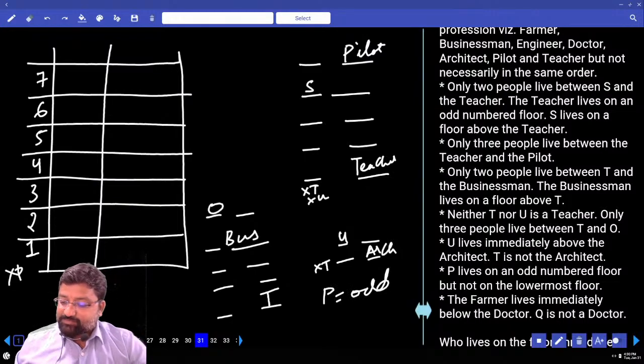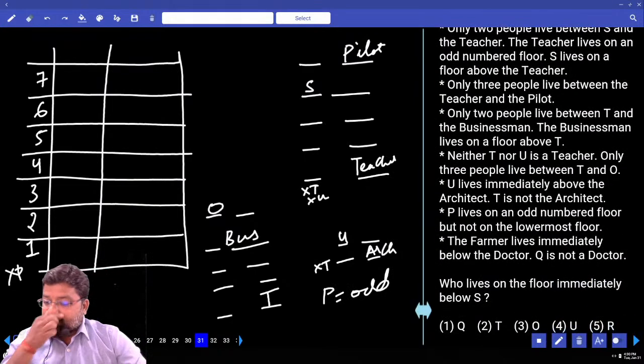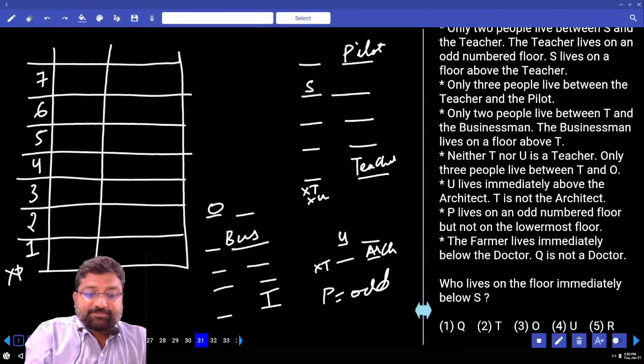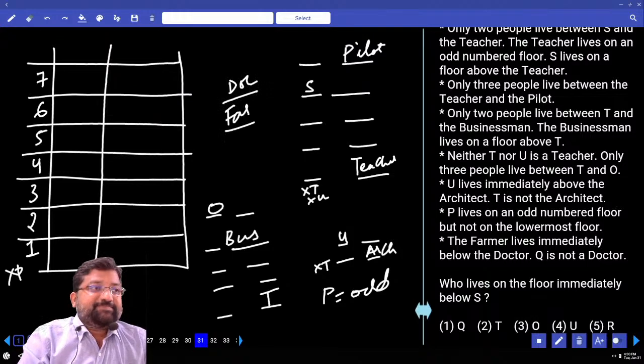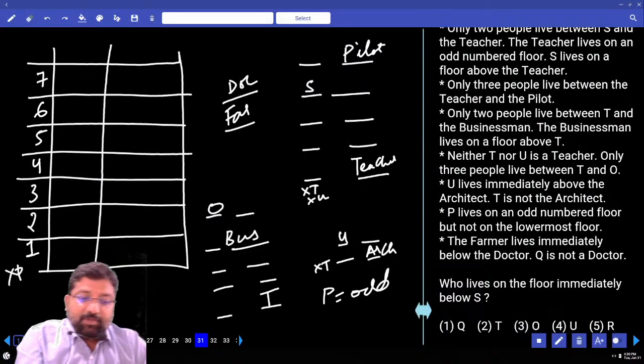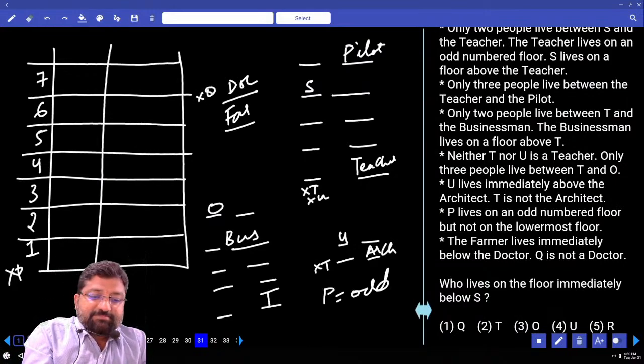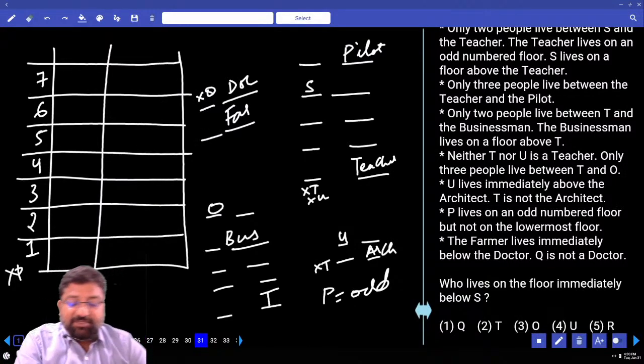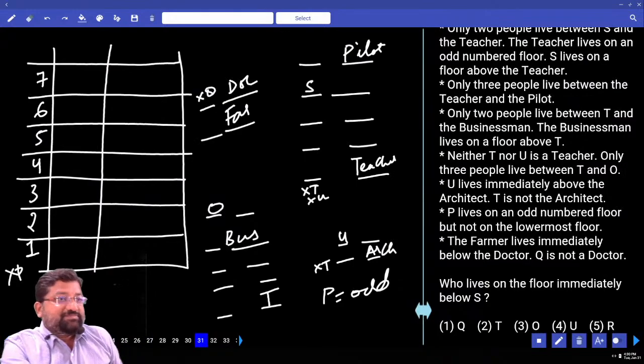Odd number. The farmer lives immediately below doctor. Doctor, farmer. Q is not a doctor. What to do? So many clues have come, and none is useful.